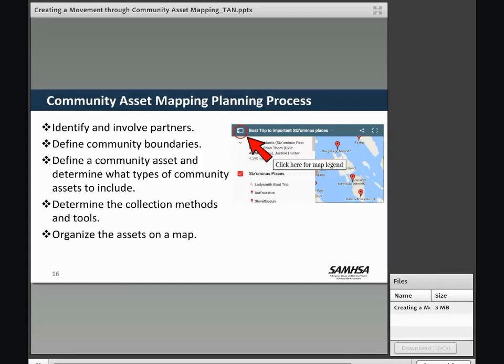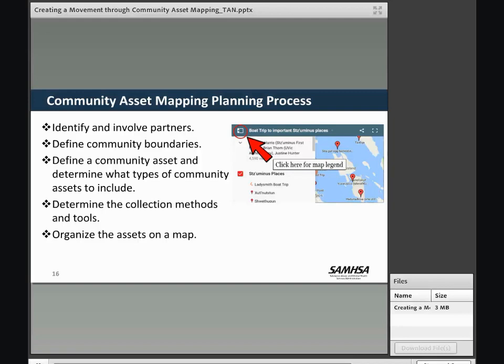And so community asset mapping, when we're first starting out the planning process, you really want to identify and involve partners. Like I mentioned before, it can be anywhere from tribal leaders to youth who are driving the process, but you're going to have more than just people who are involved with the process, but people who are also involved by maybe providing an interview or telling a story, and then defining the community boundaries.